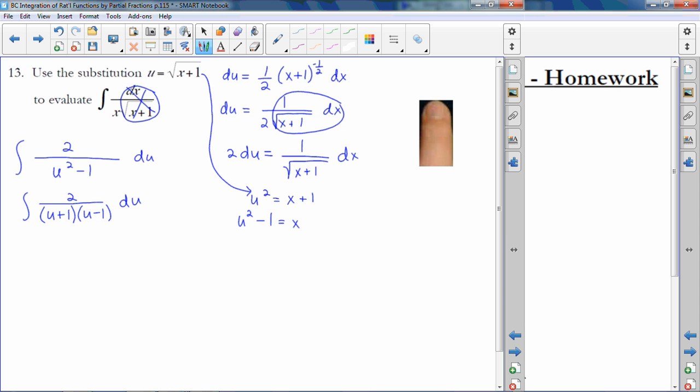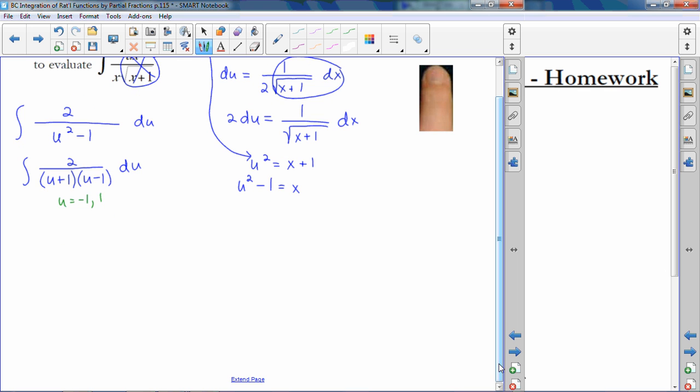And so for my zeros on the bottom, I get u equals negative 1 and positive 1. So we have to do the cover-up. Let me go down a little bit.